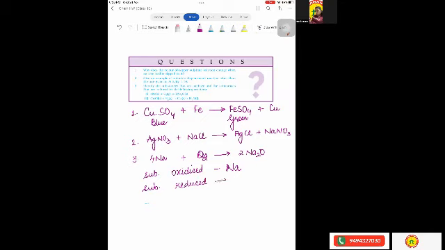Abhigya, for the second part. Ma'am, copper is getting reduced. Yes, ma'am, it is on the product side. I explained that these answers are always from the reactant side. Tell me where the oxidation is happening.